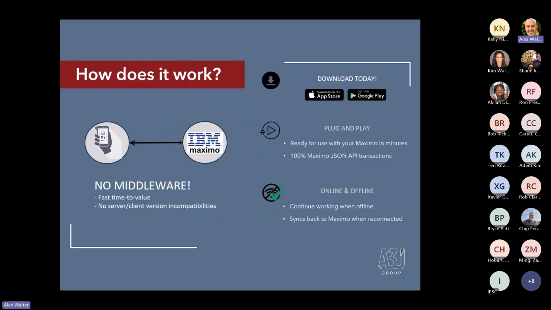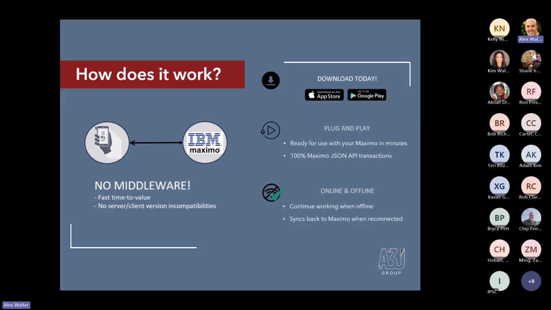How does it work? Well, there's no middleware. What that means is you download the app to your phone, and that phone or tablet connects directly to the Maximo system. The REST APIs are exposed by Maximo by default. So long as you have visibility from your device to Maximo, you can make a connection, log in, and start using the application.